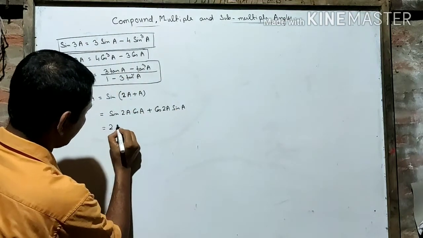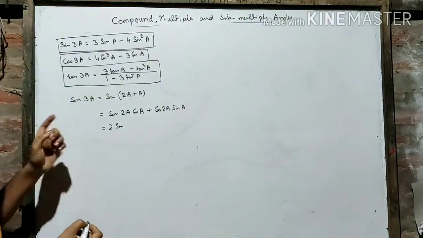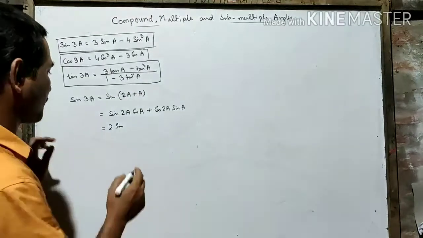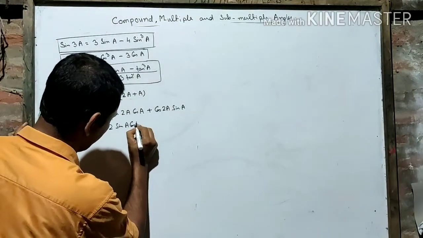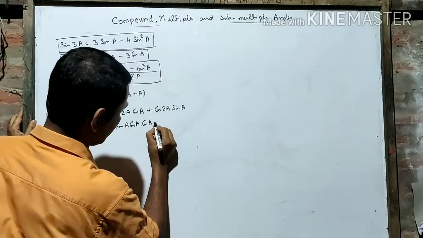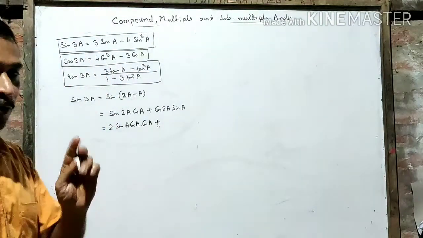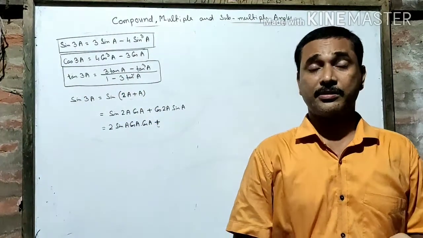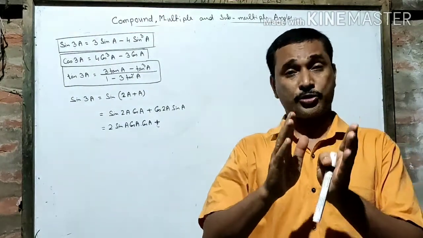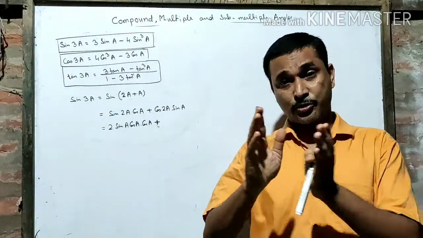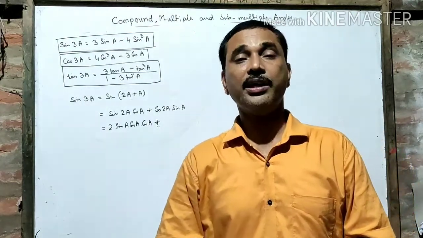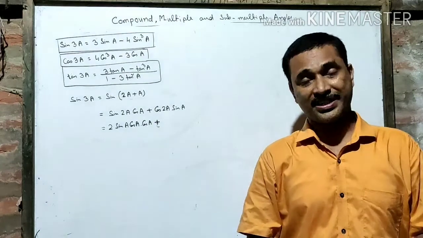Now what is sin twice A? We have so many formulae for sin twice A, but here we will use the formula sin cos structure. So sin twice A is 2 sin A cos A, into cos A. Cos twice A, there are 4 formulae for cos twice A: cos square A minus sin square A, 1 minus 2 sin square A, 2 cos square A minus 1, 1 minus tan square A by 1 plus tan square A. So which formula we will use, that's also important.